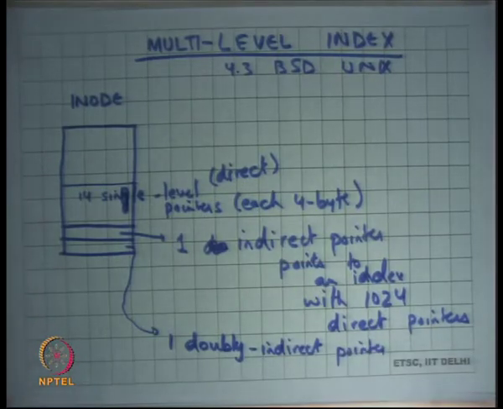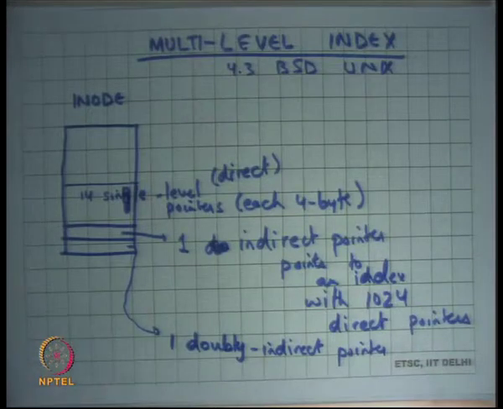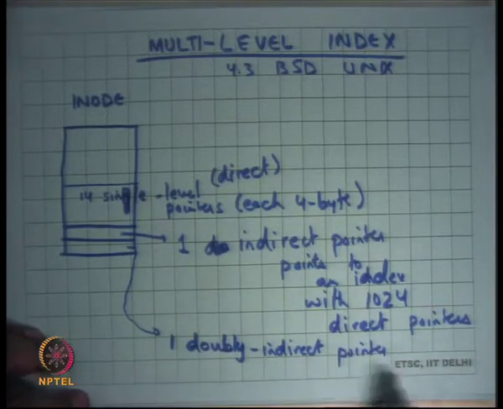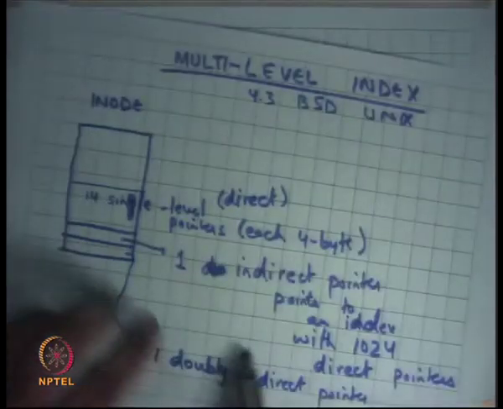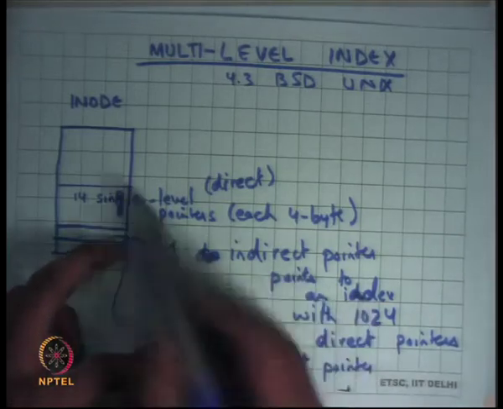Right. So by doubly indirect I mean it points to a block that contains pointers to more indirect blocks. So it's a 3-level hierarchy, right? So it's a 2-level hierarchy from here on. Here there is a 1-level hierarchy, and here these are direct pointers.